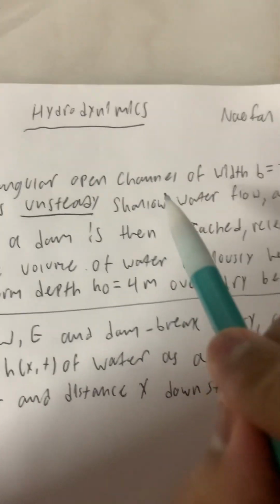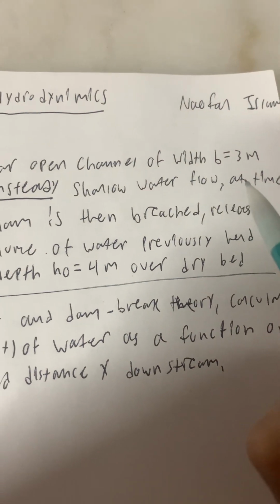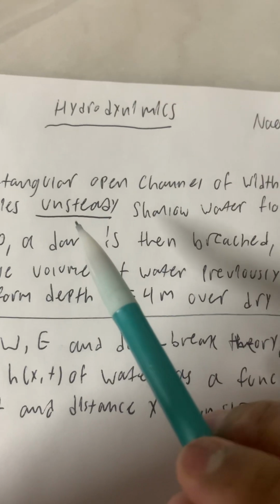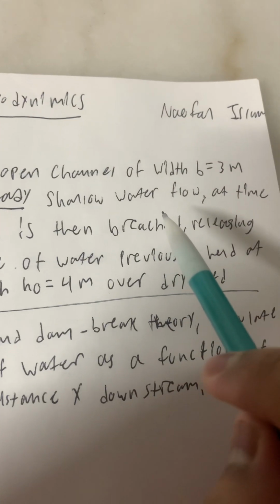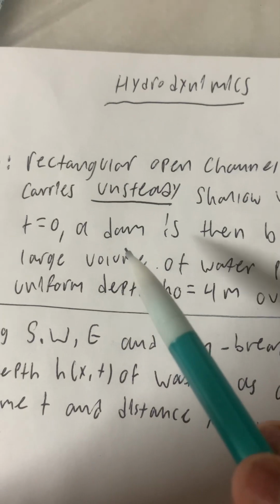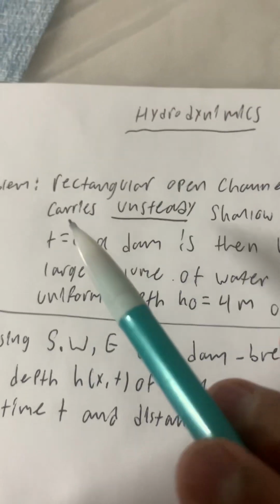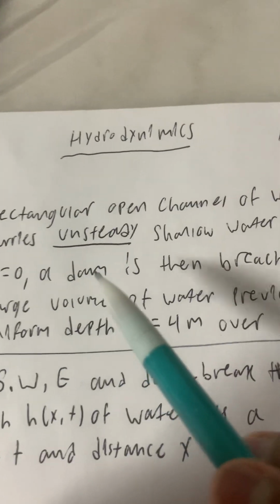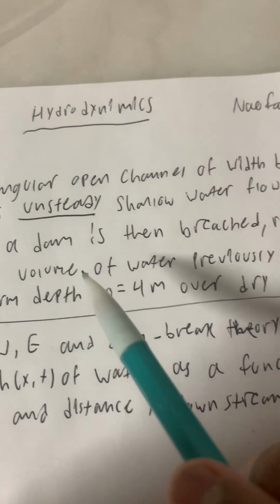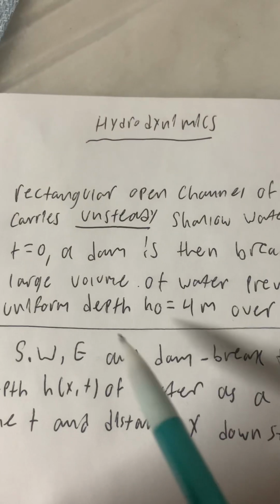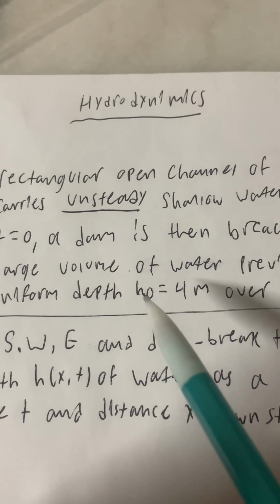A rectangular open channel with a width of b equals 3 meters carries unsteady shallow water flow at time t equals 0. A dam is then breached, releasing a large volume of water previously held at uniform depth, 4 meters, over a dry bed.